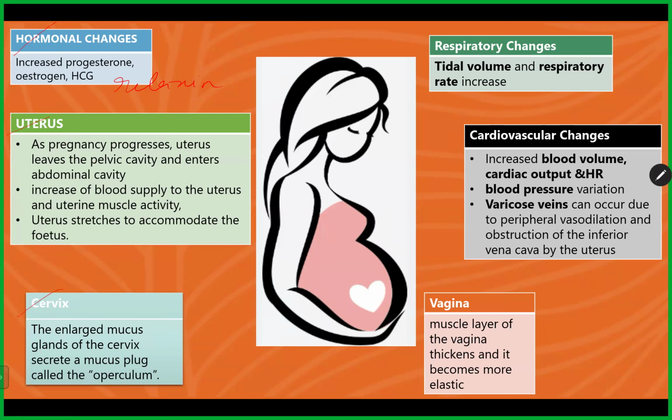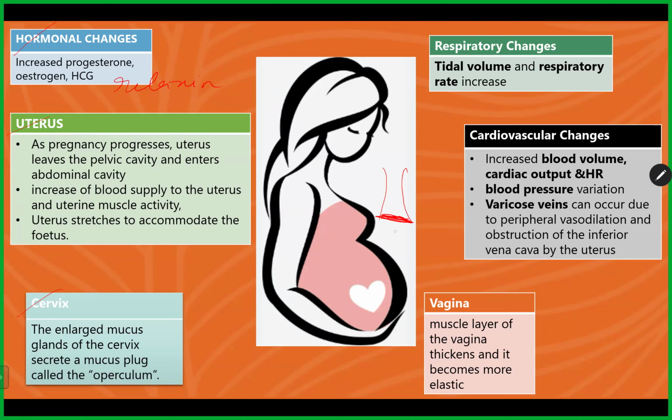Next, talking about the cervix. During pregnancy, there will be enlargement of the mucus glands of the cervix, and they will secrete something called the operculum. The operculum is like a seal. If this is your vaginal opening, for instance, the operculum will be present like this. You can just imagine it.